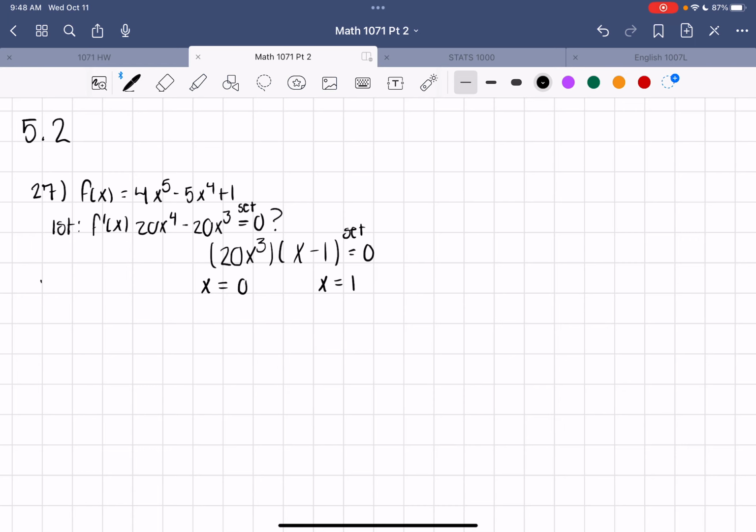So what's the y coordinate there? Go back to the original, put 0 in for x, you get 1. And here, put 1 in for x, and you have 4 minus 5, add 1. Do you get 0? So if I sketch that much, when x is 0, y is 1.